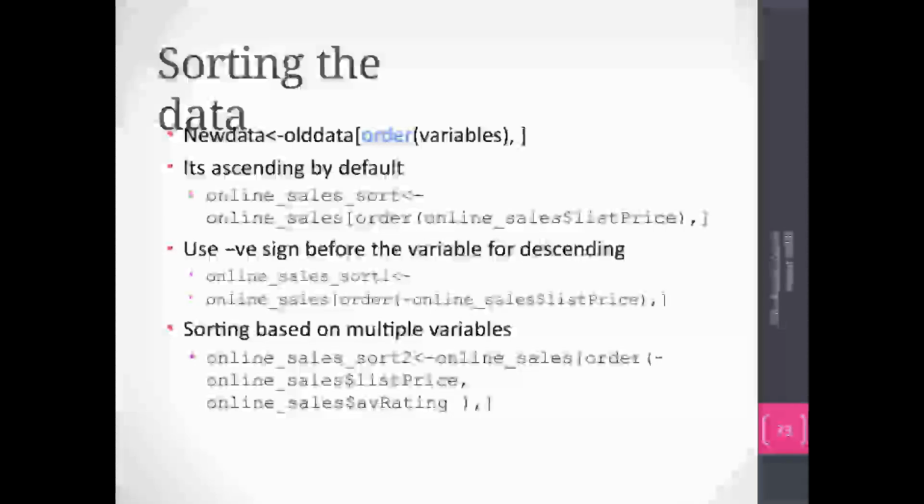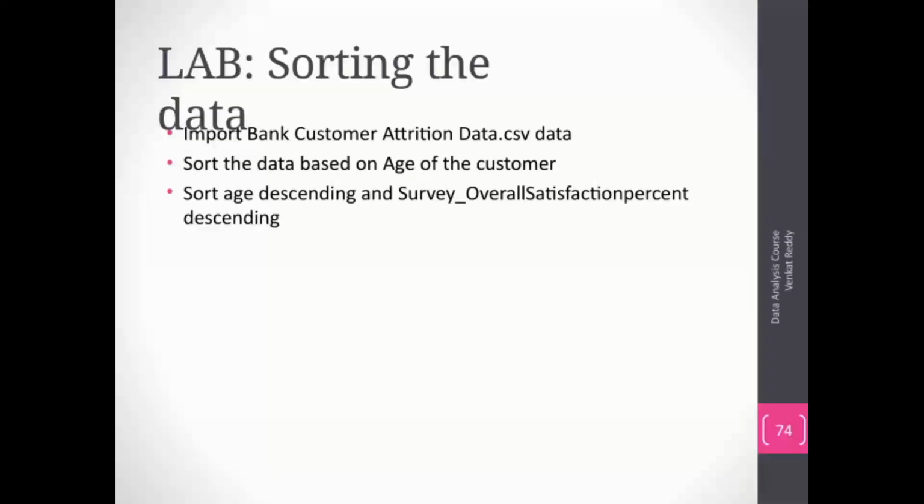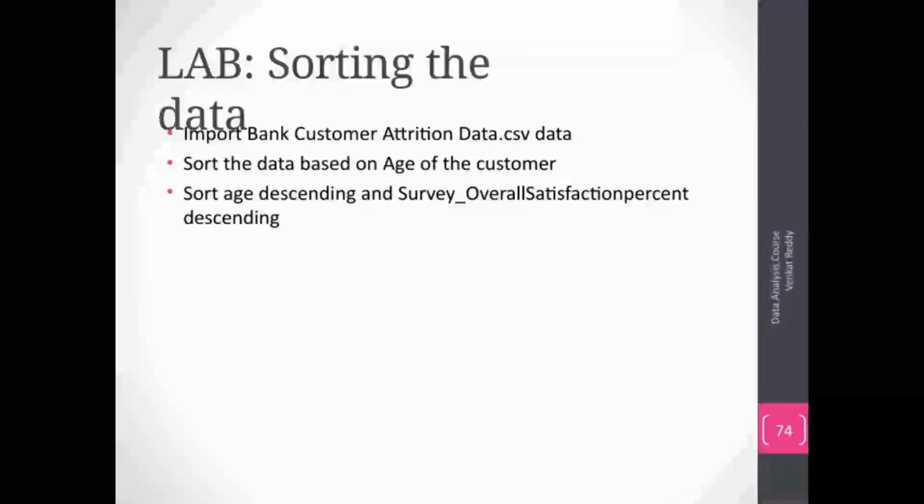Additionally, we'll sort the survey overall satisfaction percent in descending order as well. This way, we can easily identify which customers are most satisfied and see how satisfaction levels vary across different age groups. This sorting process is fundamental because it allows us to analyze the data more efficiently.